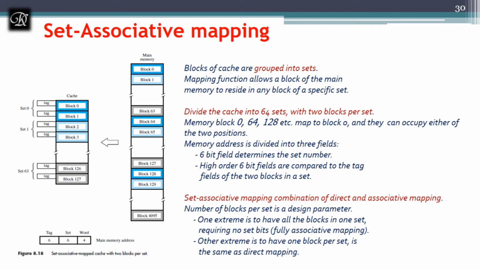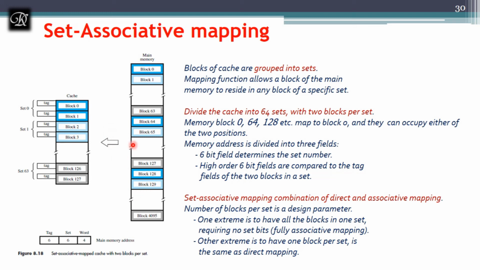Inside that particular set, which block it has to acquire is decided by associative mapping. That is why it is a combination of direct mapping and associative mapping. First apply direct mapping to decide the set, then apply associative mapping to decide the block or word line.